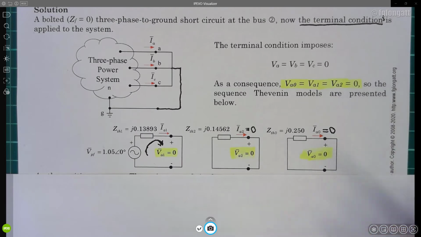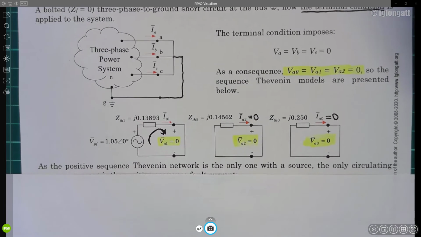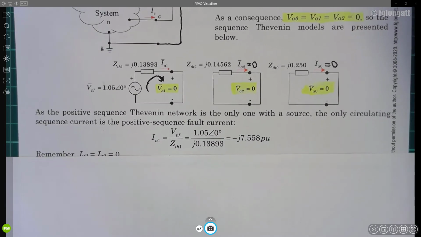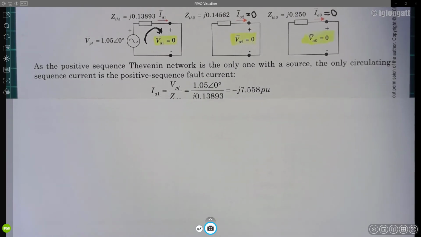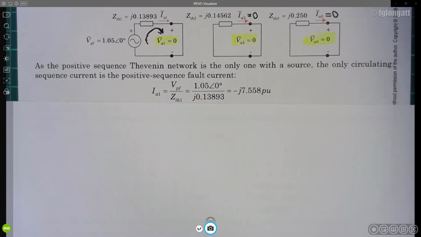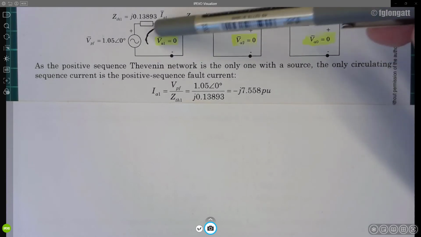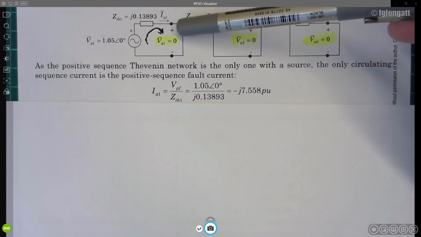For that consequence, the zero-sequence components, the current components, are zero. Well, the next step is extremely simple because we can calculate the positive sequence. We can obtain it using basic circuit analysis here.